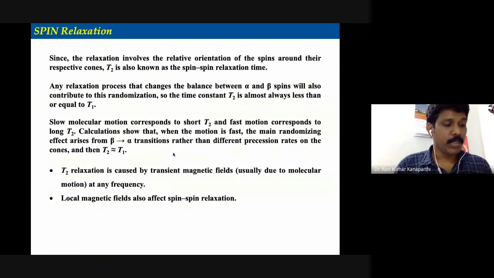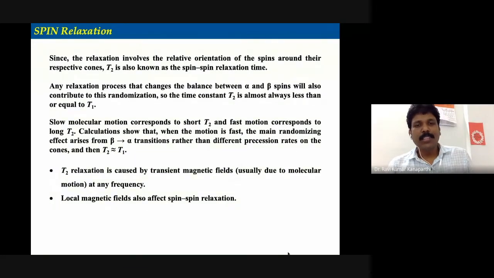Any other question, please? Good afternoon, students. In the last class, we learned about the spin relaxation process. Spin relaxation is nothing but re-establishing the thermal equilibrium. Thermal equilibrium is when you place the magnetically active nuclei in the external magnetic field.